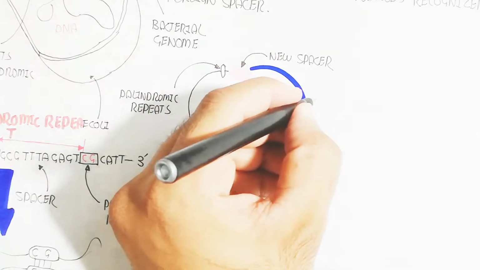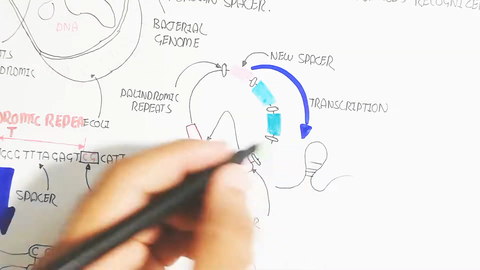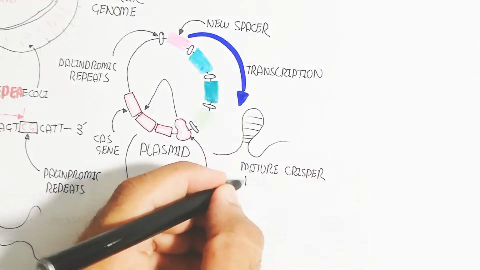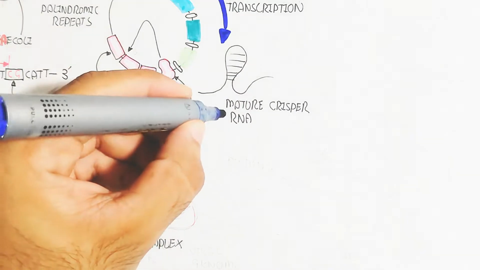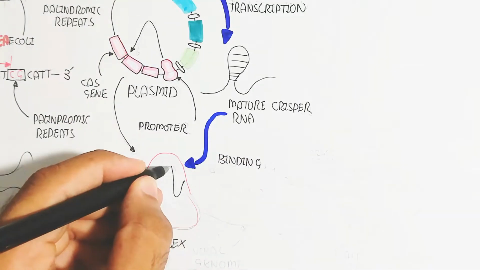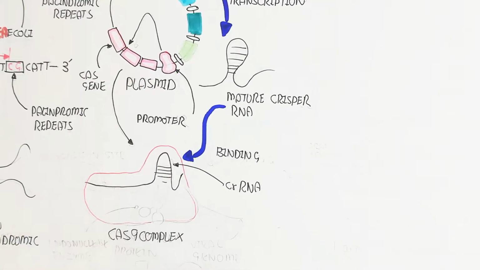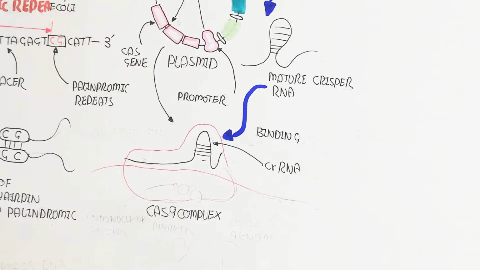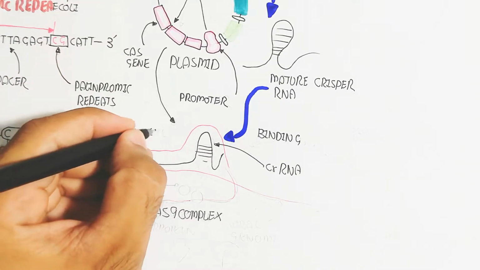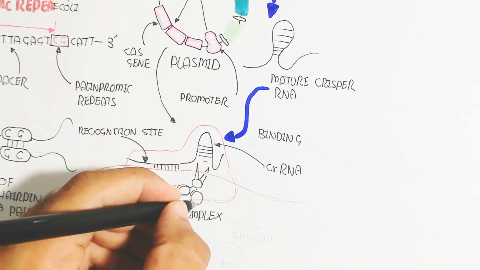So in this way, after this is the transcription to produce the mature CRISPR RNA. This mature CRISPR RNA means the clustered regularly interspaced short palindromic repeats, in the form of RNA, and in this way it will bind with the Cas9 complex, and the CRISPR RNA will bind here, and the recognition site will allow the restriction endonuclease enzyme to cut the viral genome.